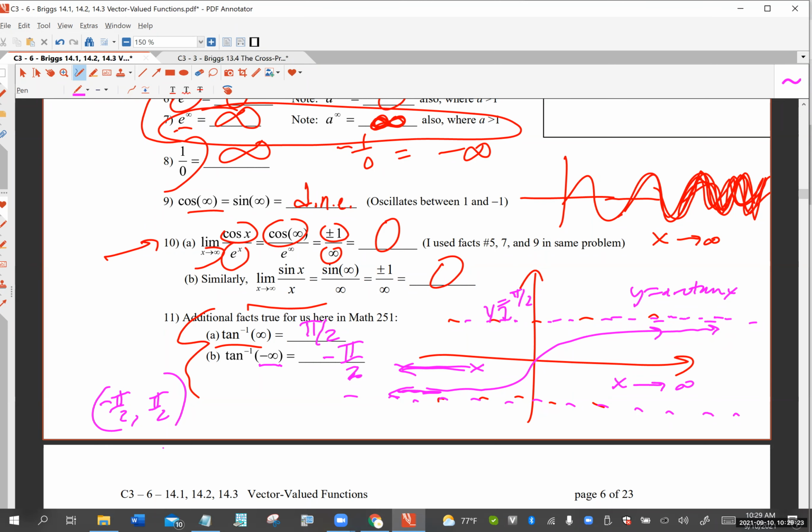When we were looking at tangent, the original tangent function doesn't pass the horizontal line test, so it's officially not 1-to-1. So you chop it away, and you only look at the portion where x lies between negative pi halves and positive pi halves, and then you can take an inverse. And so the domain of that portion of tangent becomes the range of arctan. Correct. Thank you.